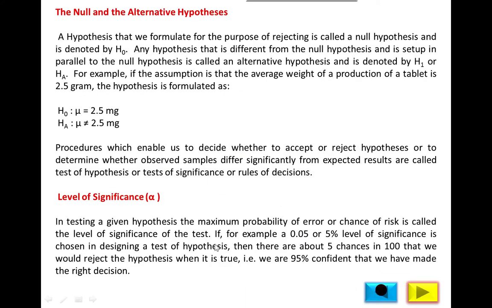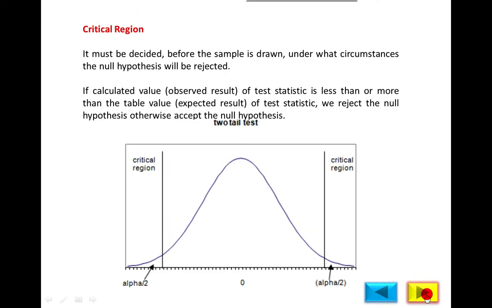If the value of alpha is 5%, then these two areas represent the 5% area, and this is called the critical region or rejected region. This is the acceptance region. If the calculated value, the observed result, lies in the acceptance region, we accept the null hypothesis.